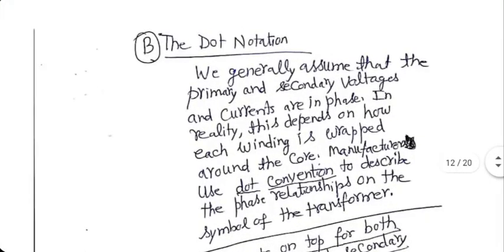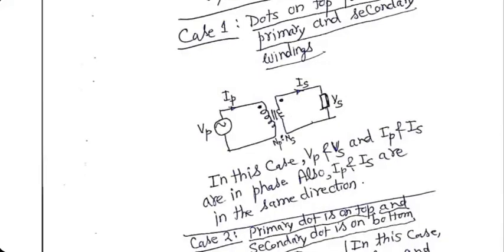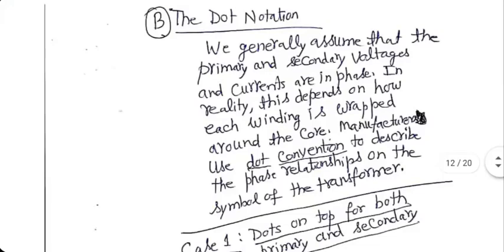So what the manufacturers do, on the schematic of the transformer supplied to you, they put a pair of dots to describe how the windings are done inside. Read this carefully. We generally assume that the primary and secondary voltages and currents are in phase.